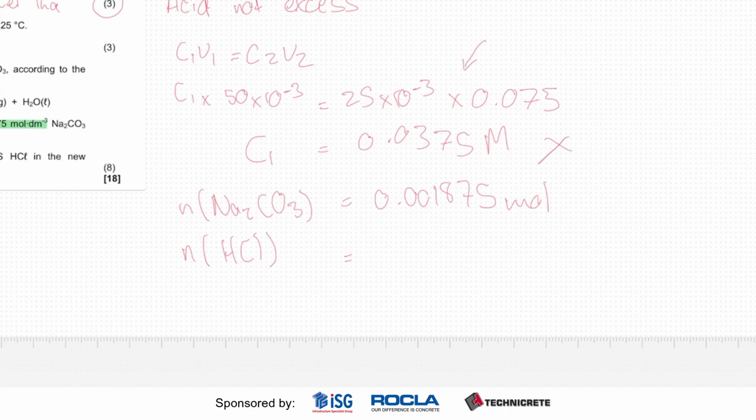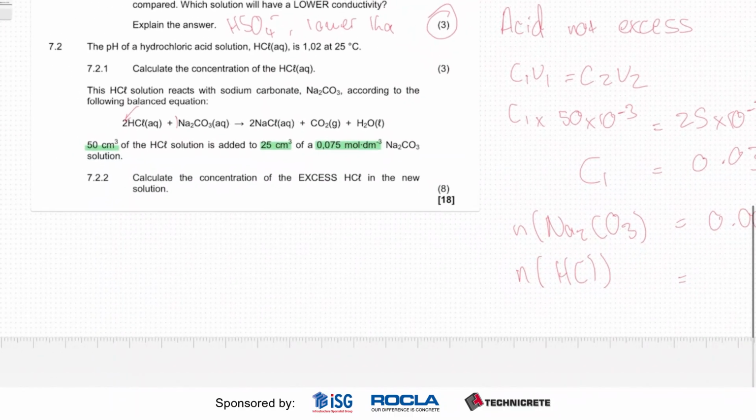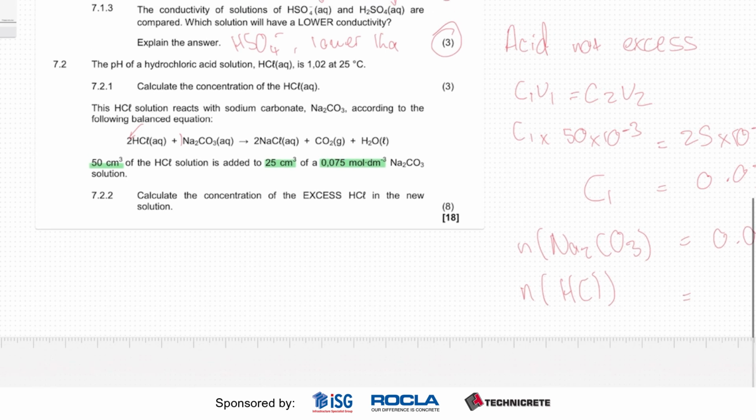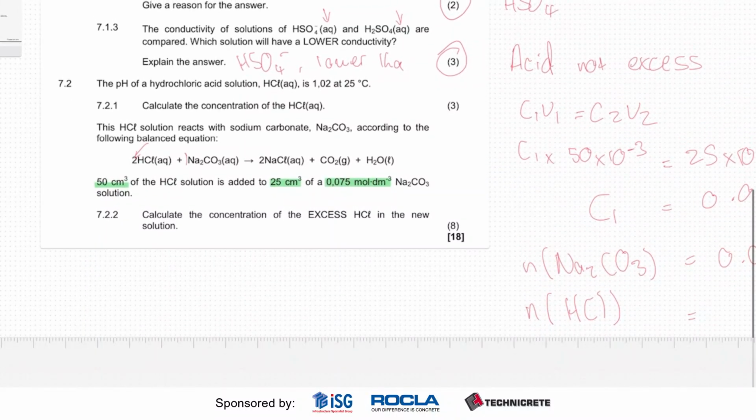Wait, I'm so confused. No. What is happening here? The HCl solution reacts with sodium carbonate according to the following balanced equation. Okay. 50 cm3 of HCl. Is there something missing?